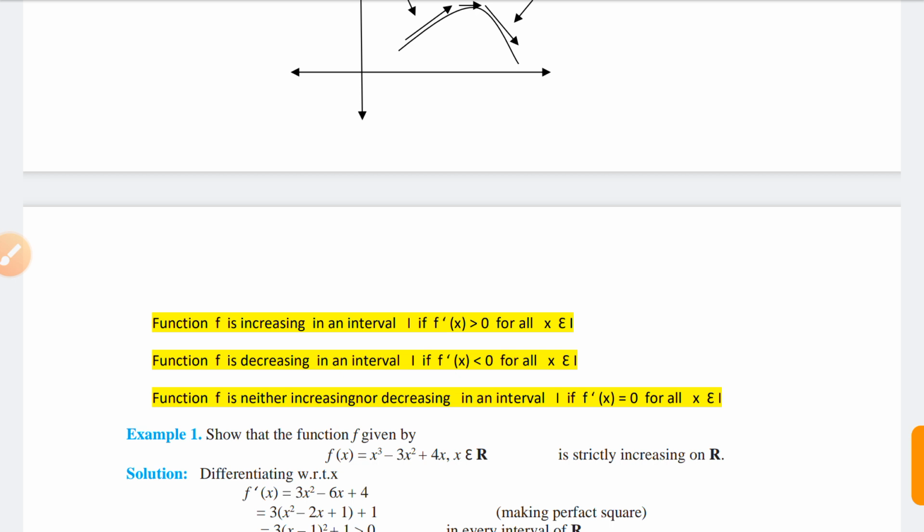Now this is the application of derivative for finding increasing and decreasing function. So we use this method in the questions.